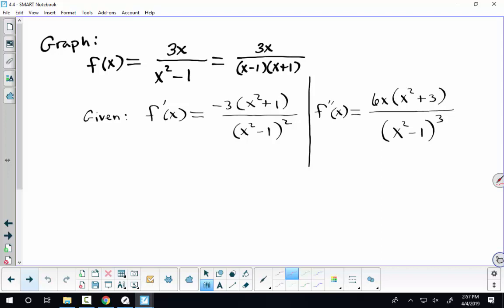That way you don't have to spend time finding that. Because, as you know, with these quotients, sometimes it's pretty tedious to compute the derivatives. So we're given f of x and the first and second derivative.